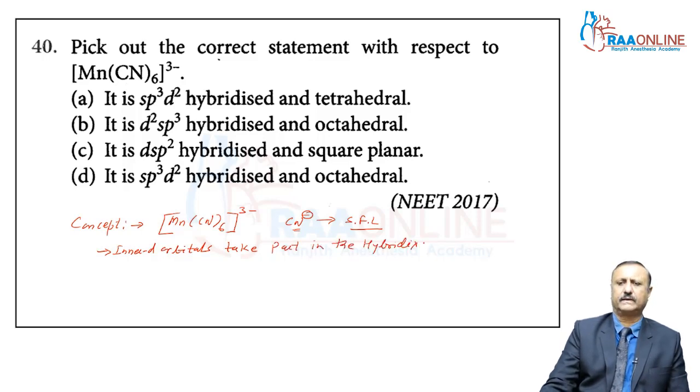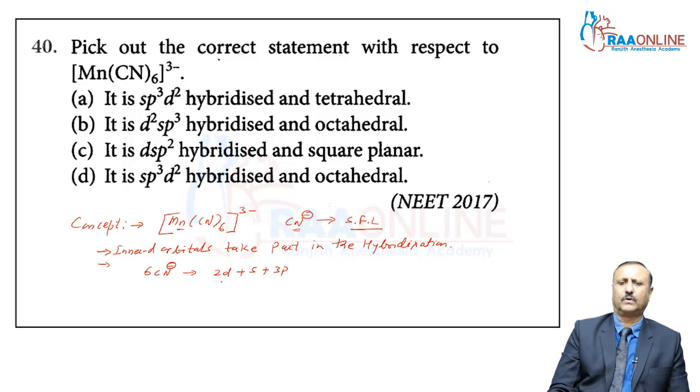And my dear students, when inner d orbitals take part in the hybridization, here 6 CN form the bond with manganese. So here 6 empty orbitals are present in manganese: 2d, 1s and 3p.